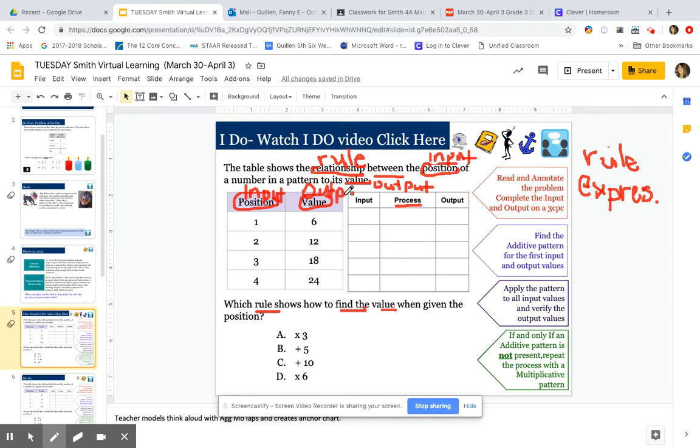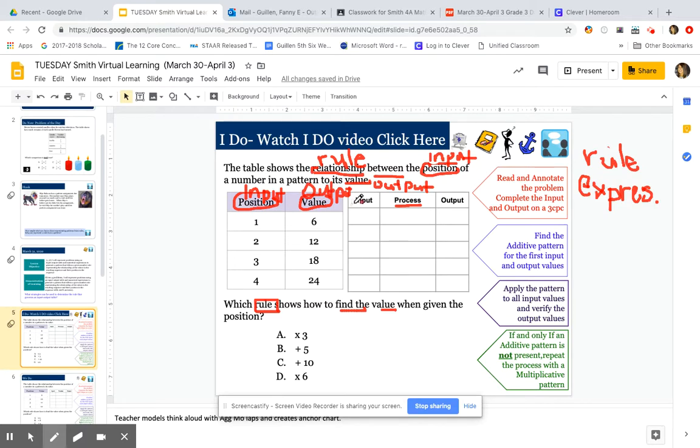Excuse my handwriting. Okay, so I have my input and I have my output. I am looking for my rule. How do I go from here to here? So there is a rule, and that rule is what I'm trying to find. All of these are rules. So I am looking for the rule that's going to help me go from input to output.